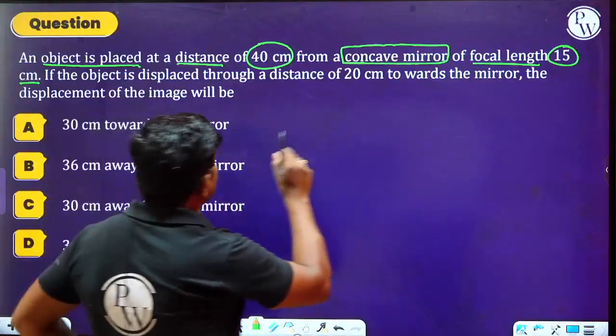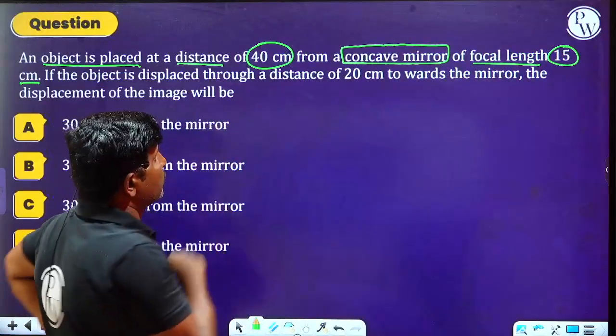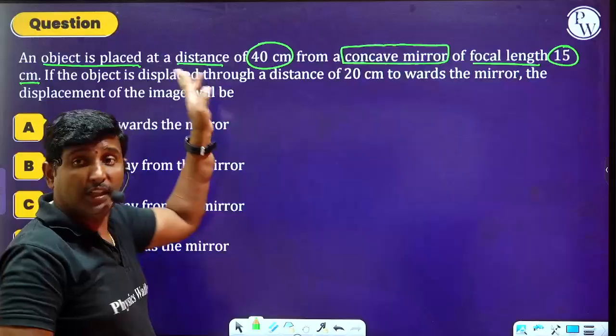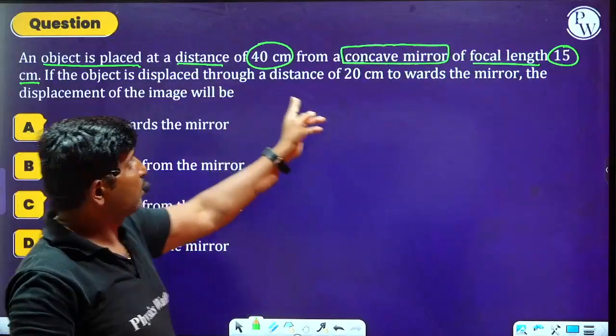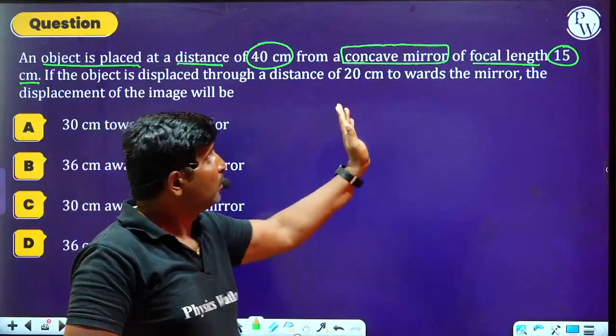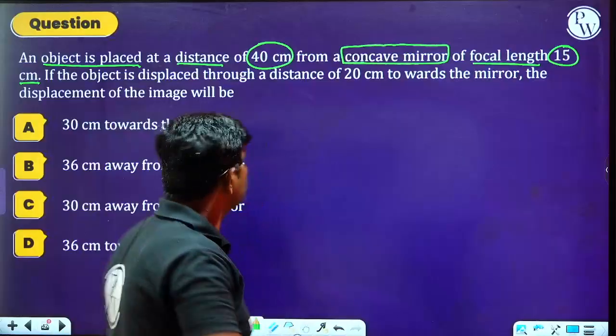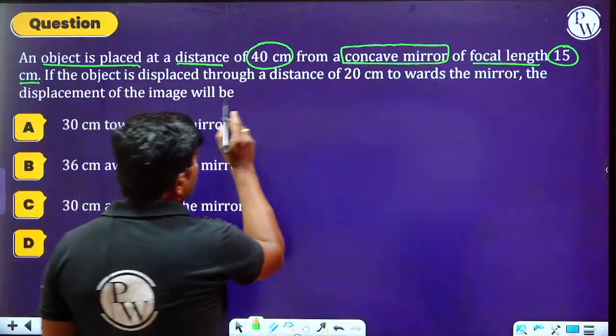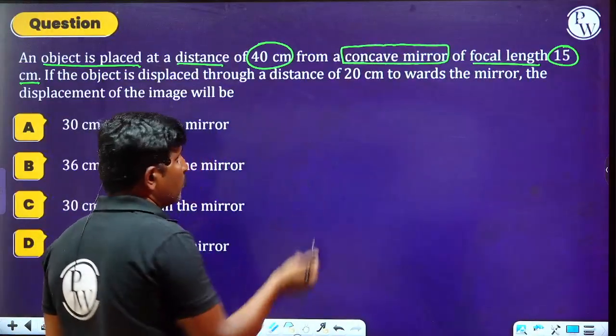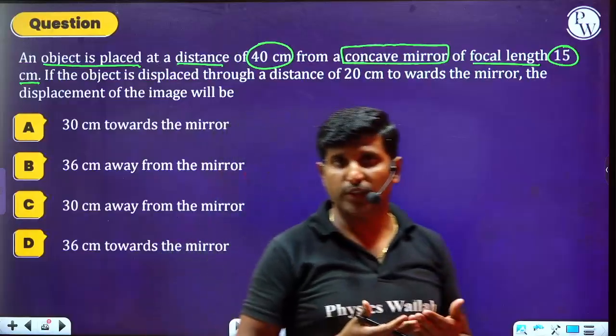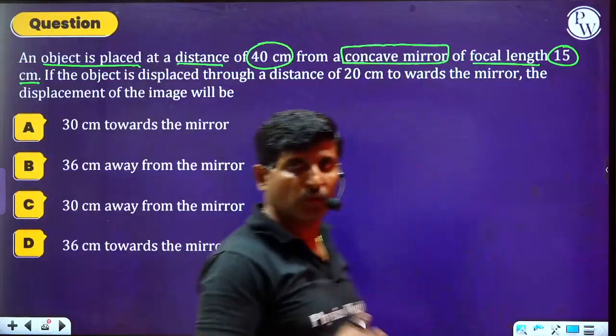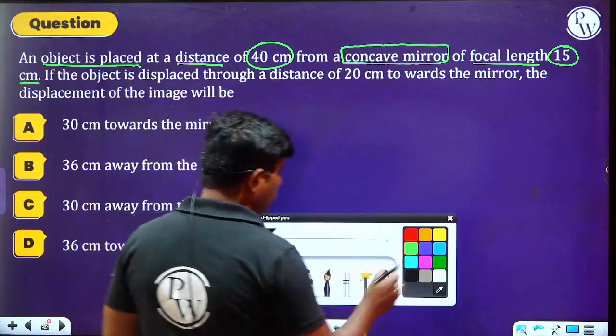If the object is displaced through a distance of 20 centimeter towards the mirror, the displacement of the image will be? I will explain how to do this, and I am giving this problem as homework.